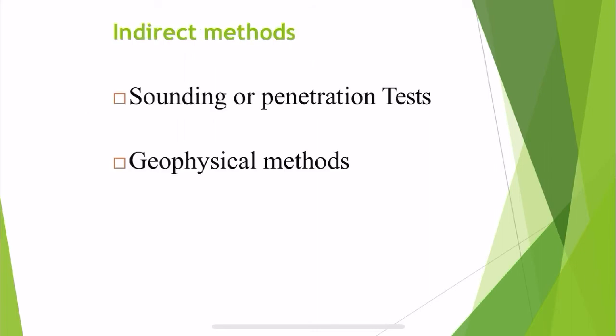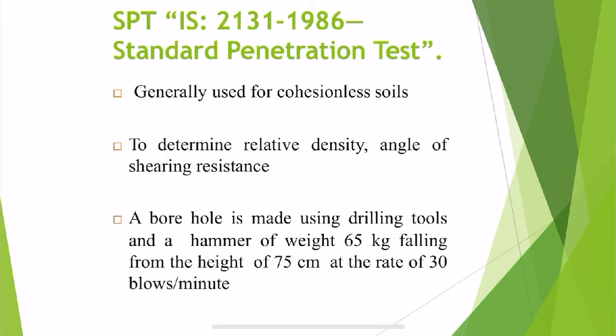In the indirect methods, we have sounding or penetration tests and geophysical methods. Coming to the penetration test, the standard penetration test is as per IS code, Indian Standard 2131-1986. This is generally used for cohesionless soils to determine the relative density and angle of shearing resistance.